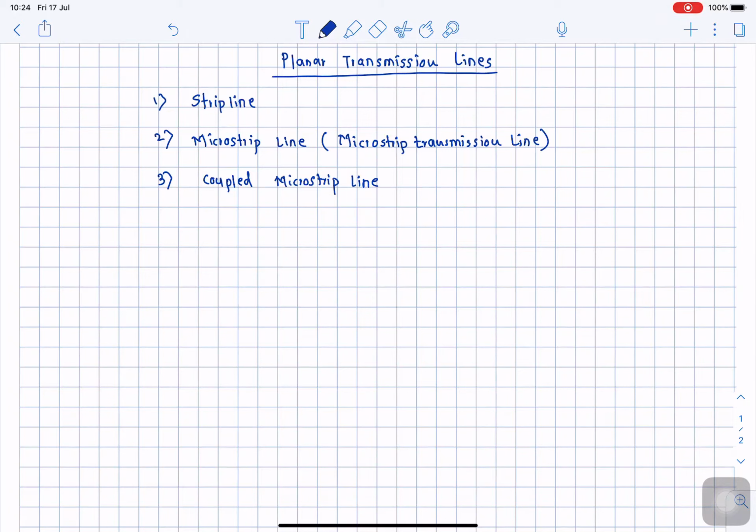One by one, let us start explaining the construction, working operation, and the field configuration, how the electric and magnetic fields are visualized in this special type of transmission line, and then we will write down the empirical equations to calculate their dimensions, and also the equations to calculate their characteristic impedance.